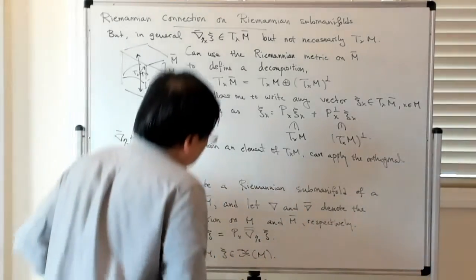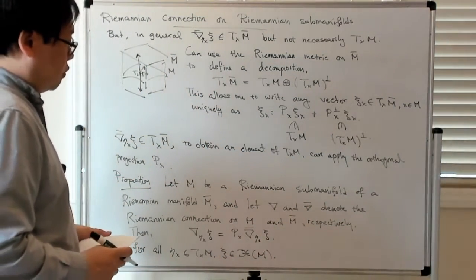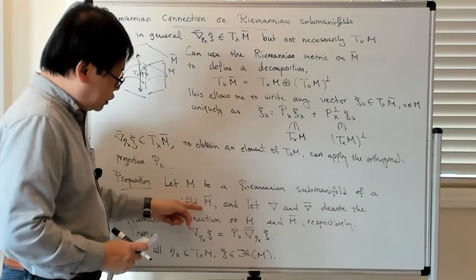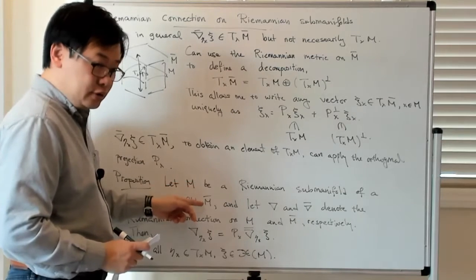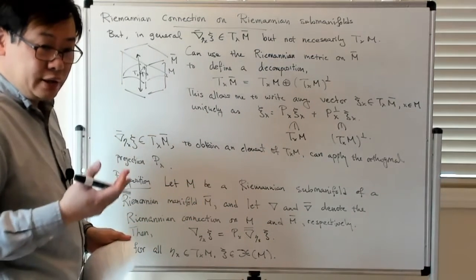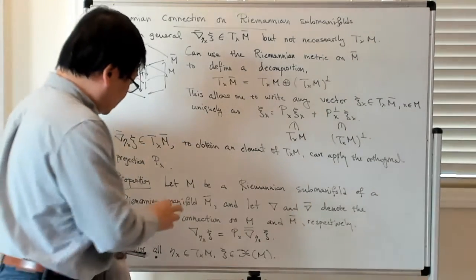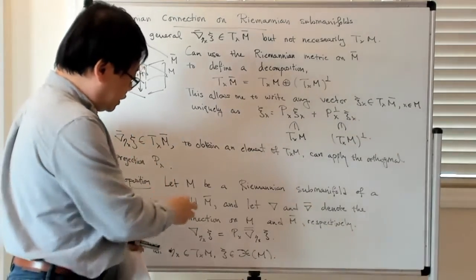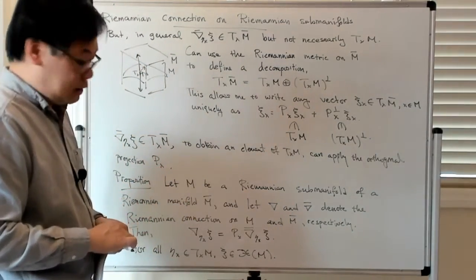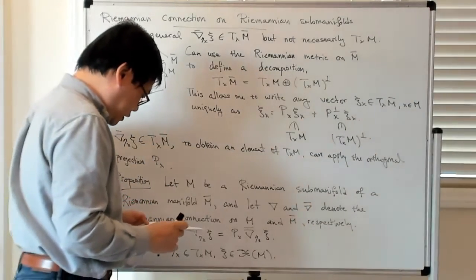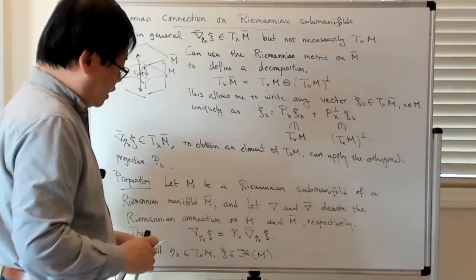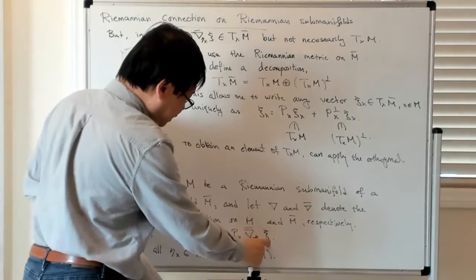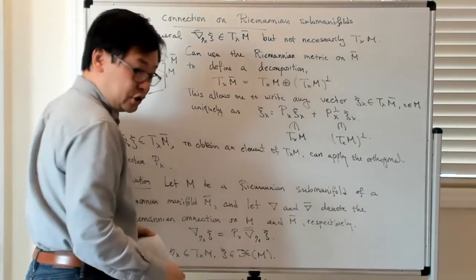Of course, this is most useful when the Riemannian manifold which you are embedding M into, this M bar, is say Euclidean space. If M bar is Euclidean space, then the Riemannian connection on this is just the classical connection, which is obtained by the classical directional derivative. And so this particular expression becomes very easy. You just apply the classical directional derivative, and then you do the projection onto it.